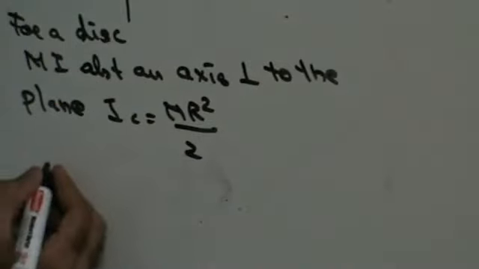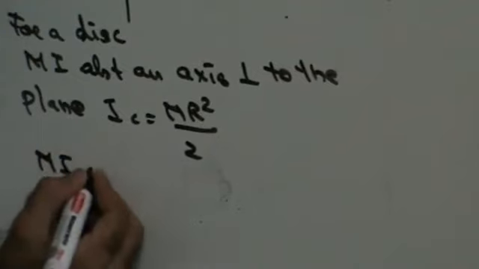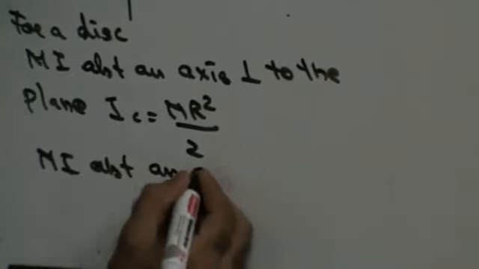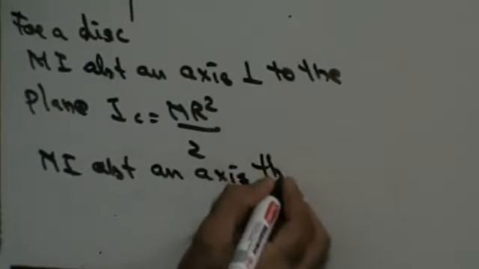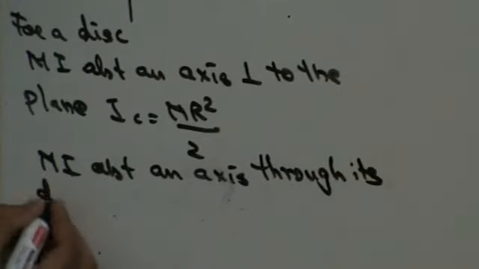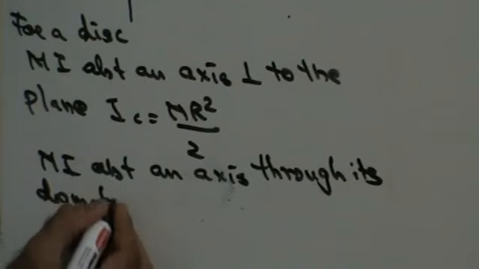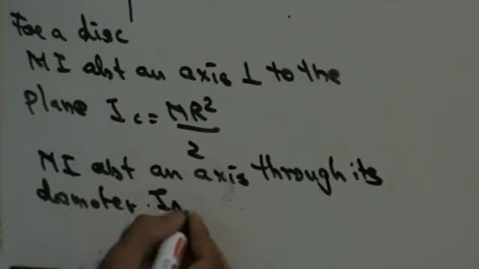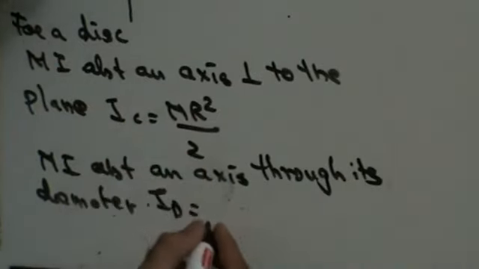For a disk, moment of inertia about an axis through its diameter, ID is nothing but mr square by 4.